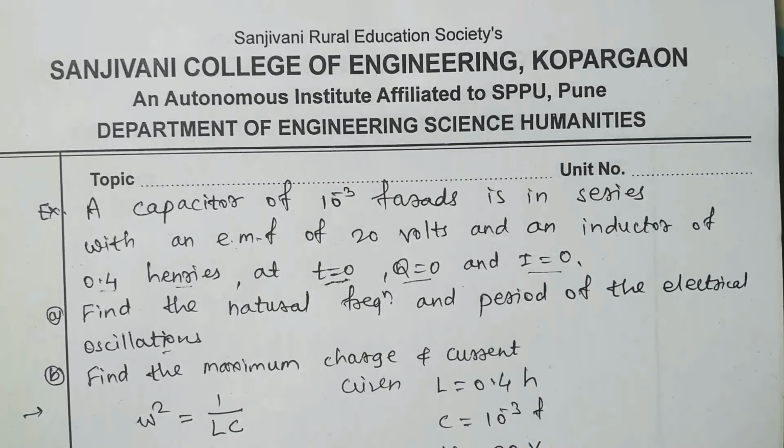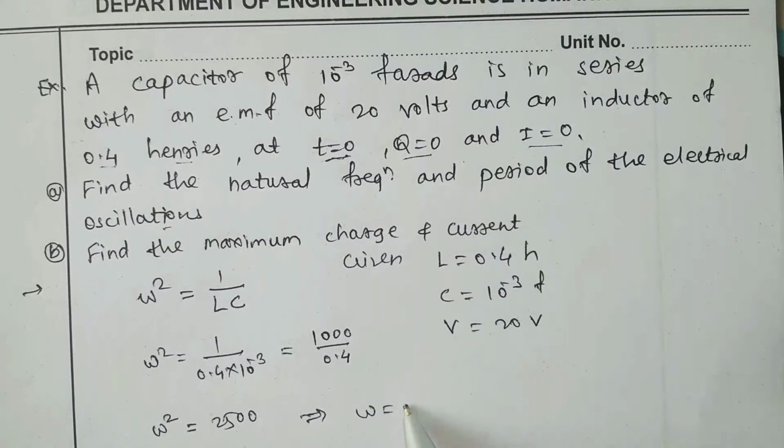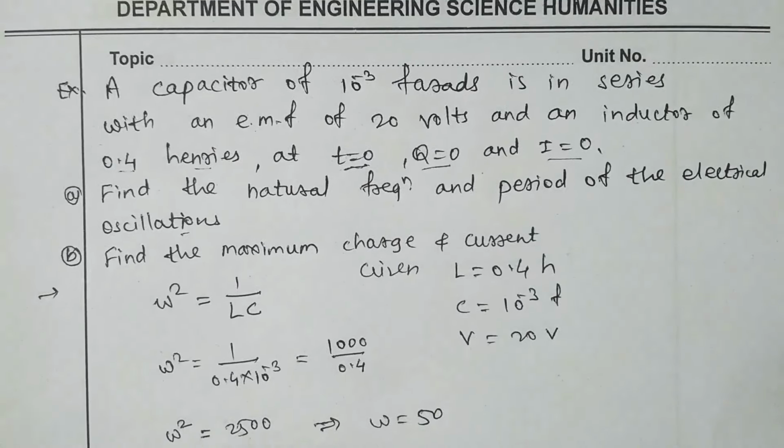So after simplifying we will get 2500. This is the value of omega square. Now this implies the value of omega is 50, taking the square root of both sides.